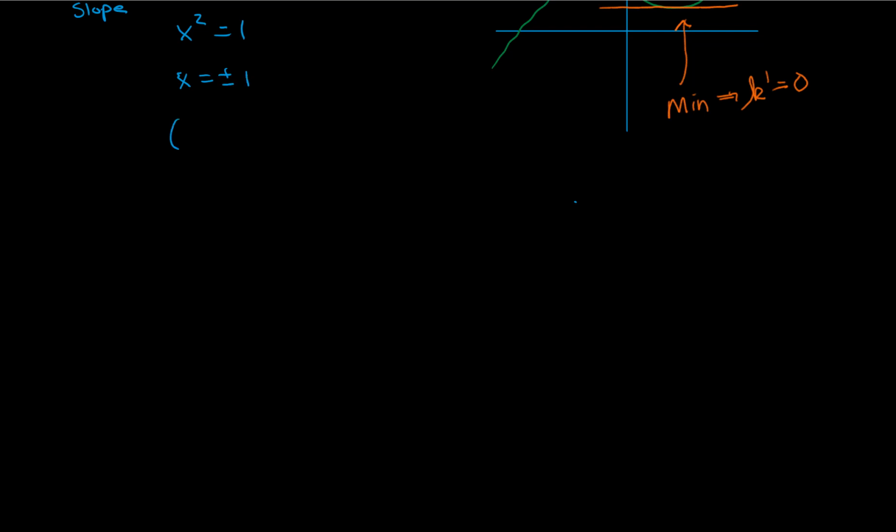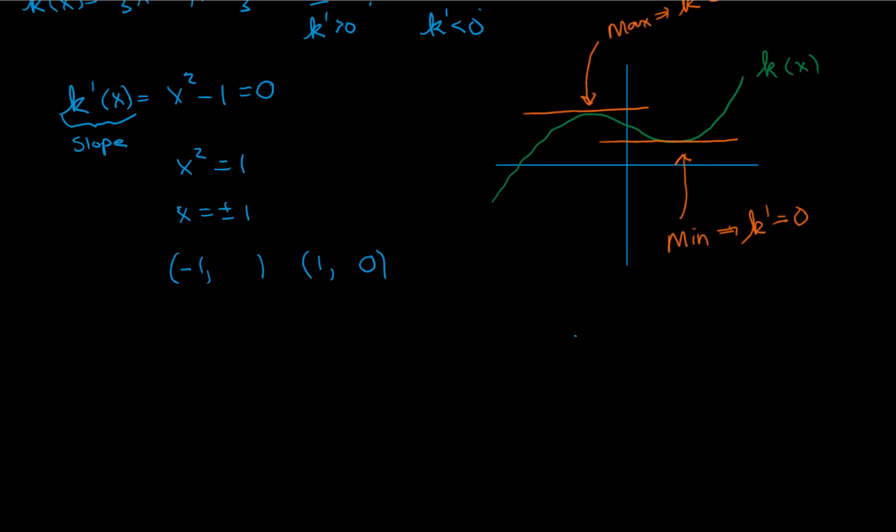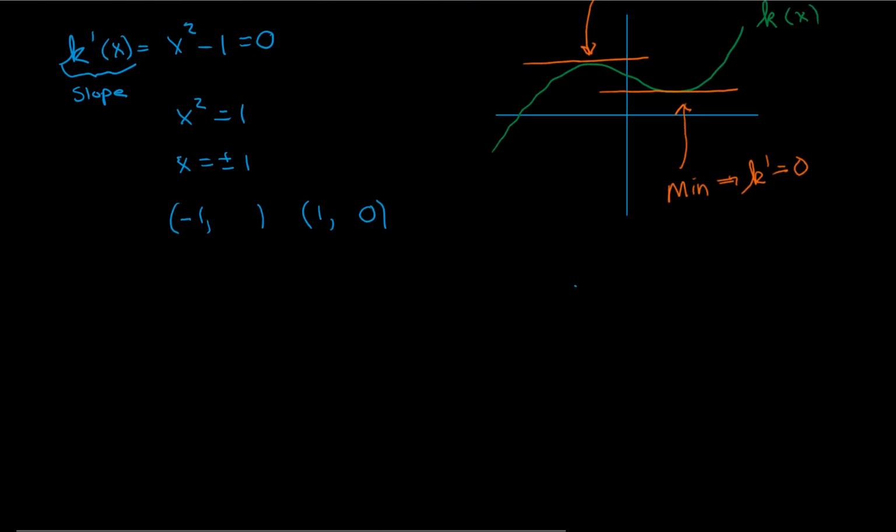This gives us two locations where we have a potential maximum or minimum, because these are locations where the slope of the function is 0. Okay, there are several ways to determine what's going on. One of the ways to do this is to create what looks kind of like a number line. I'm going to put my -1 for x here, my +1 for x here.